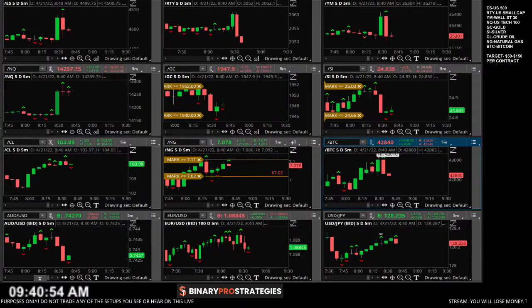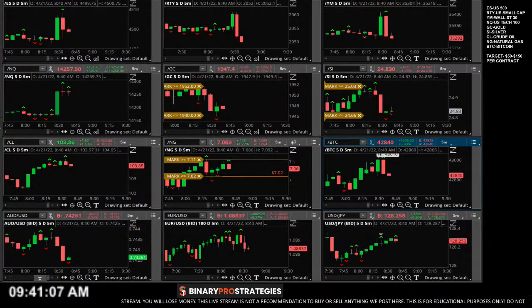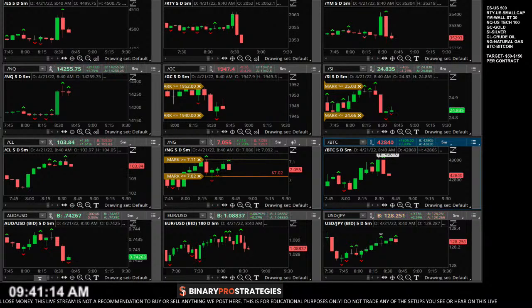Okay, watching RTY for a short. RTY is getting close to a short. RTY is my favorite of the indices. If we hit 2049, that's going to be my sell entry. Okay, just hit. Went short at 2049.